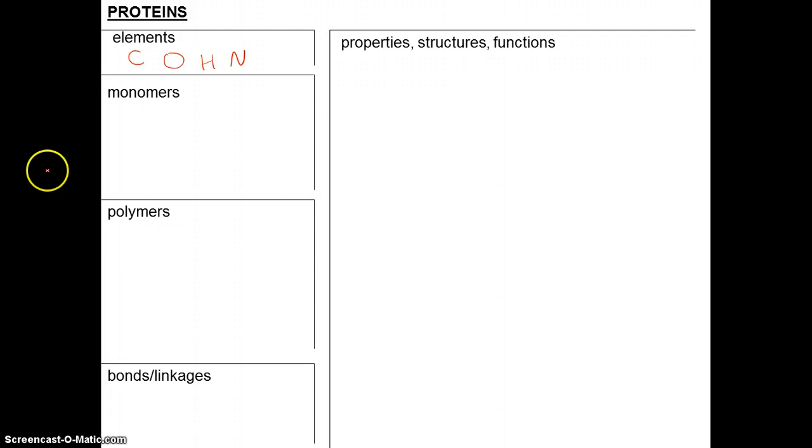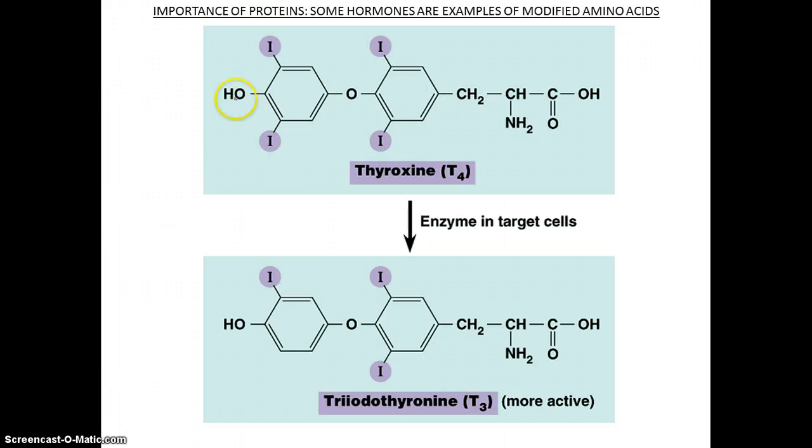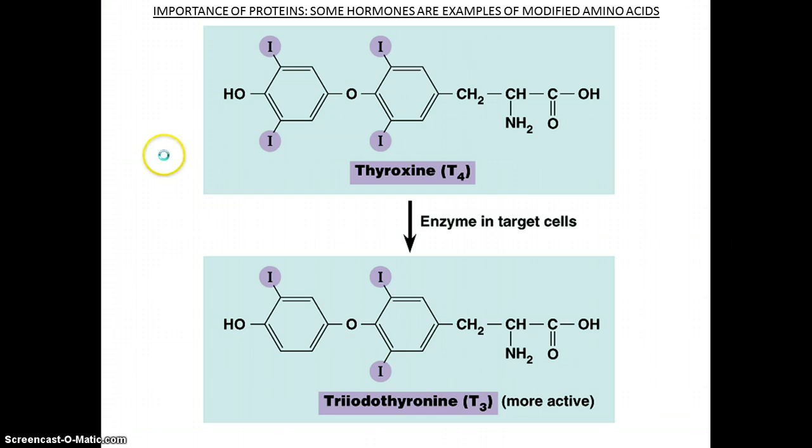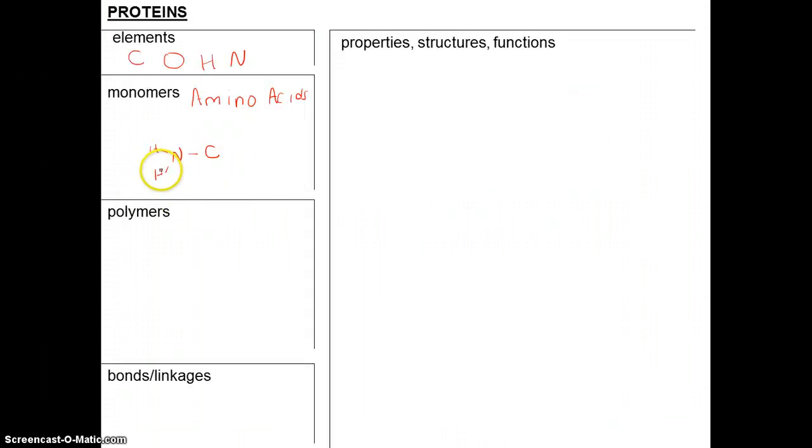A monomer of protein is called amino acids. Can you draw an amino acid? There's a central carbon, has an amino group, has an R side chain, hydrogen, and a carboxyl group.